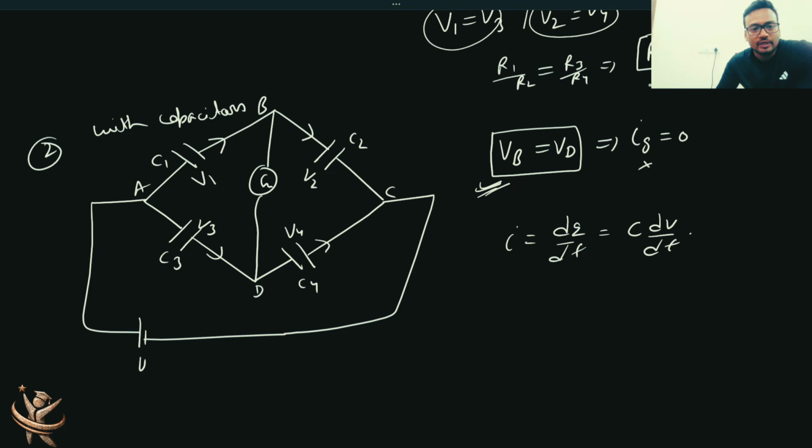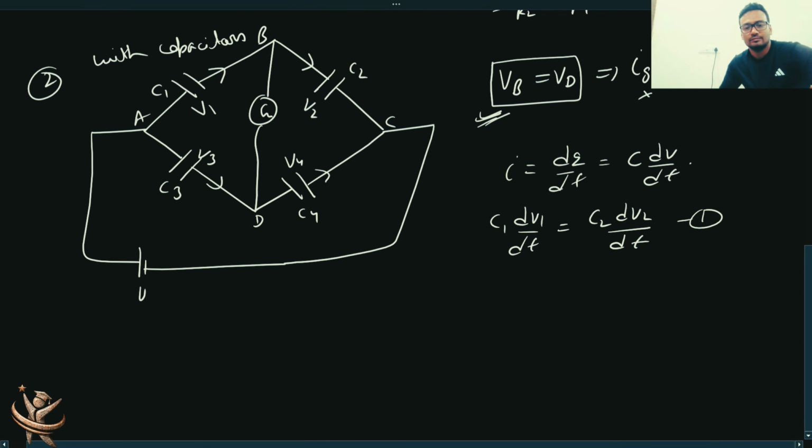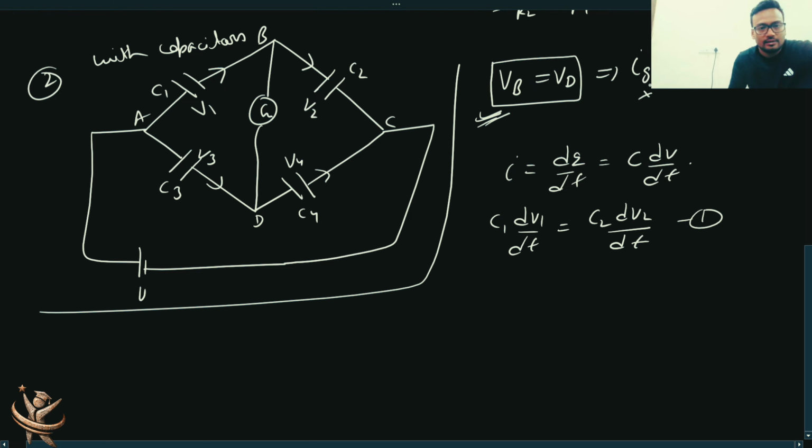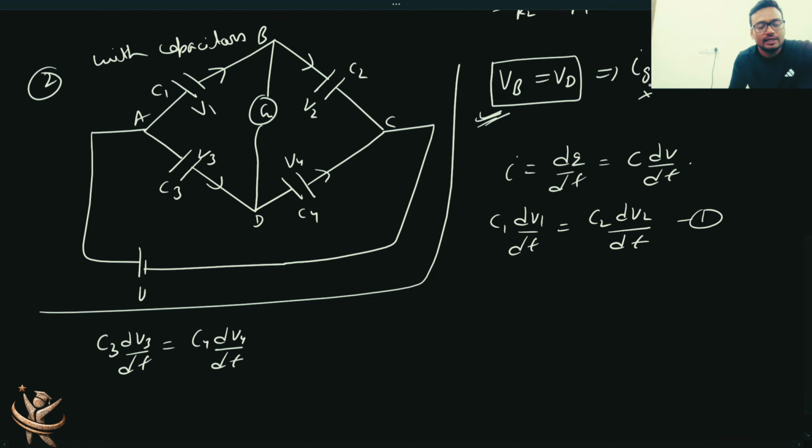Now in the upper arm, A to B and B to C current values are the same. So C1 dV1 by dt must equal C2 dV2 by dt. Equation number 1. Then for the lower arm, C3 dV3 by dt equals C4 dV4 by dt.